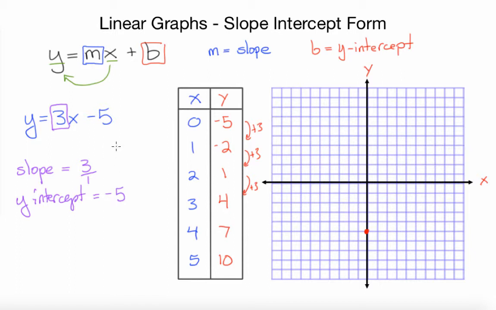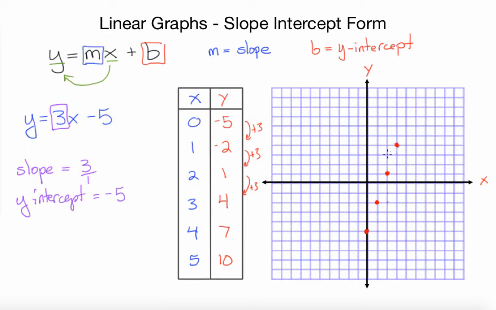We can write every whole number as a fraction over 1. So if I want to find other points, we go over 1 for x and up 3 for y, and I make another point. That point is also on the line. Go over 1. Every time x increases by 1, I increase another 3. 1, 2, 3, and that point is on the line. I can follow this same linear pattern, 1, 2, 3.